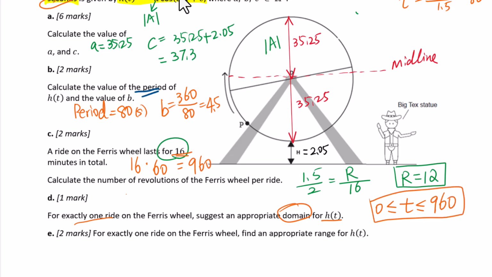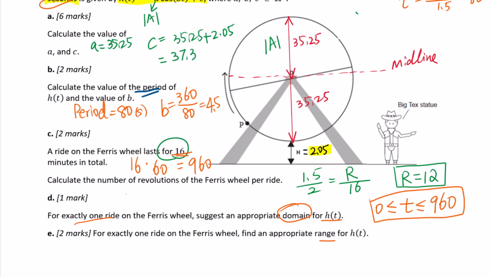E. For exactly one ride on the Ferris wheel, find an appropriate range for h of t. Range means height. The minimum height for this wheel is 2.05 meters.